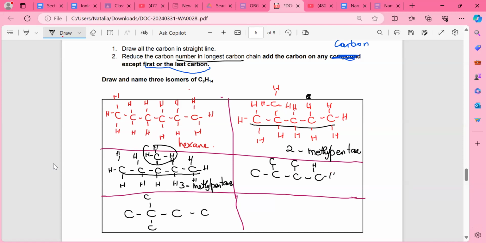So these are 2 additional isomers. Let's stick to 5 isomers; we won't get any more than 5.